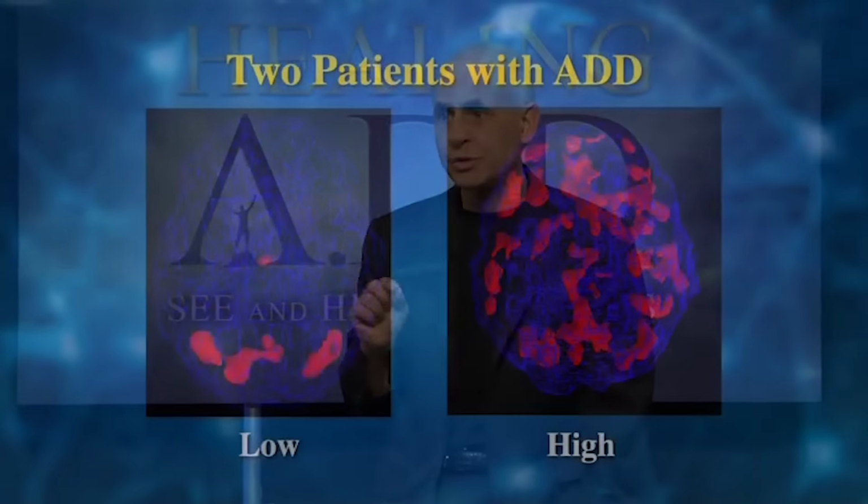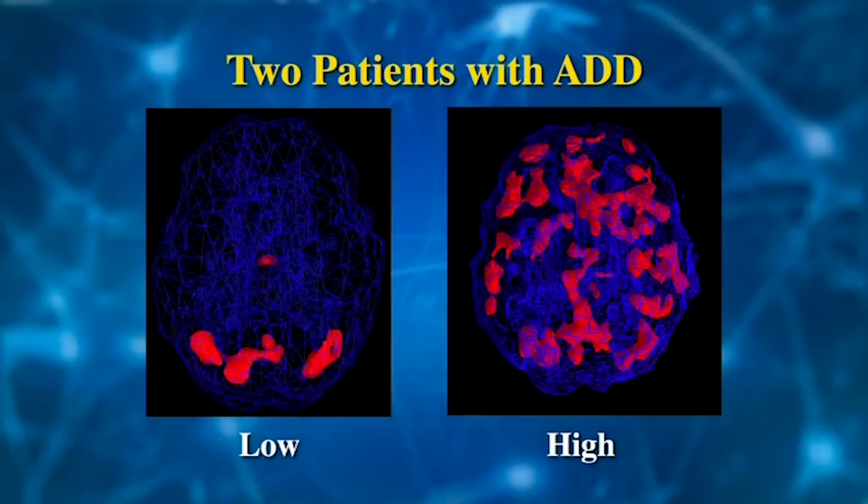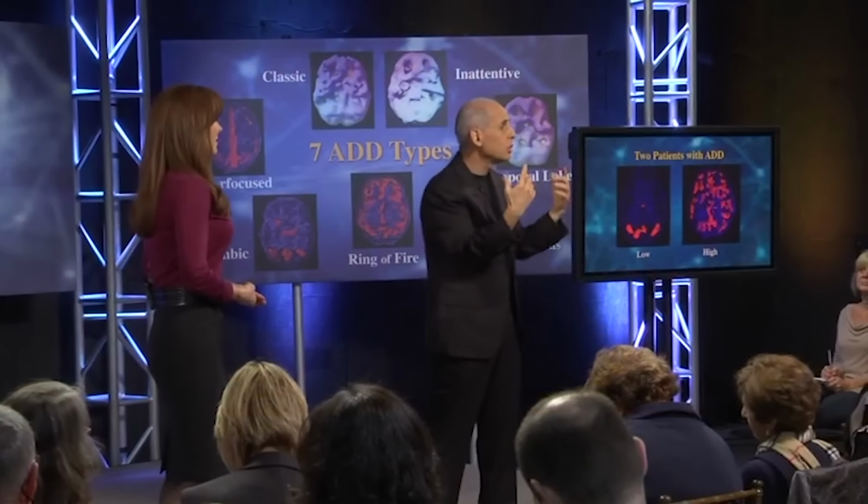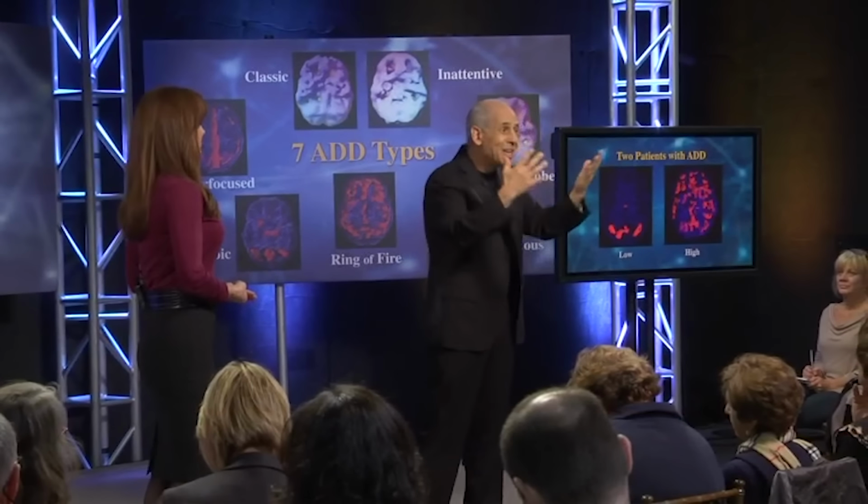Here are 2 people who are diagnosed with ADD who have radically different scan patterns. One has low activity, the other has high activity. Do you think they'll respond to the same treatments? Of course not. Treatment needs to be tailored to your brain type, not a general cluster of symptoms.